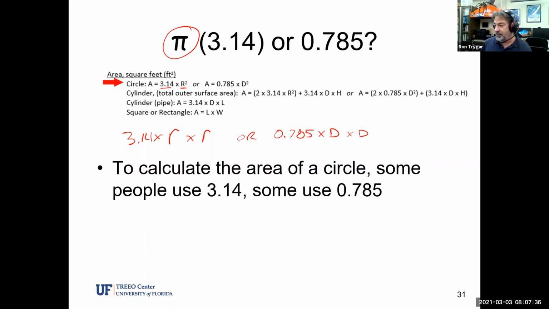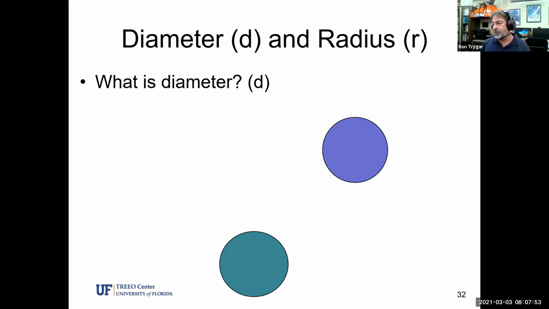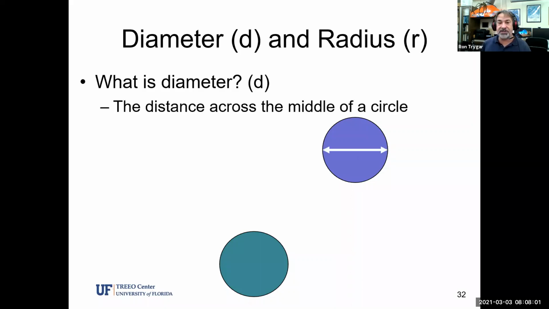So let's take a look. We have an example. So just use one of them consistently. I would tell you that most people tend to gravitate towards one or the other, and they stick with that. That's just fine by me, whichever one works best for you. So diameter is shown here by the purple colored circle, and we have a line all the way across the center of the circle.